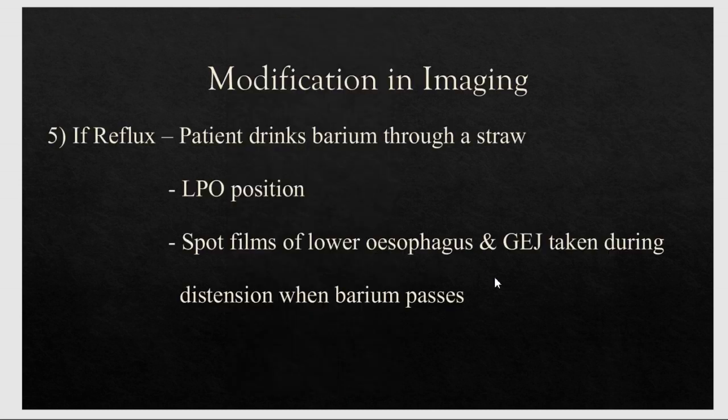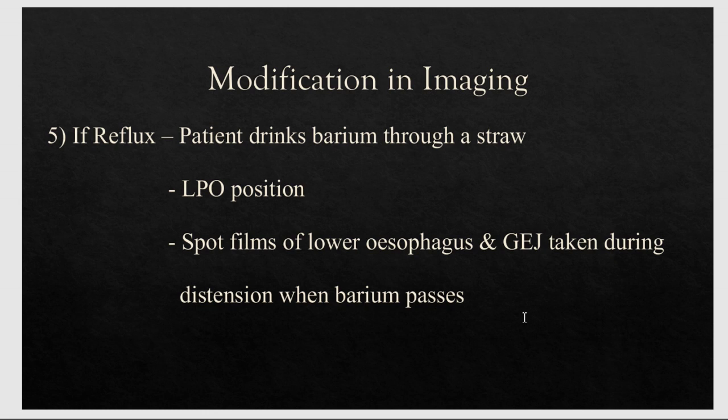If the patient is having reflux and we are suspecting gastroesophageal reflux disease, usually the patient drinks barium through a straw in left posterior oblique position, and we take spot films of the lower end of the esophagus as well as the gastroesophageal junction.